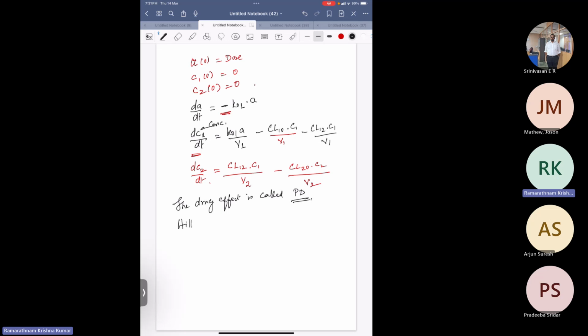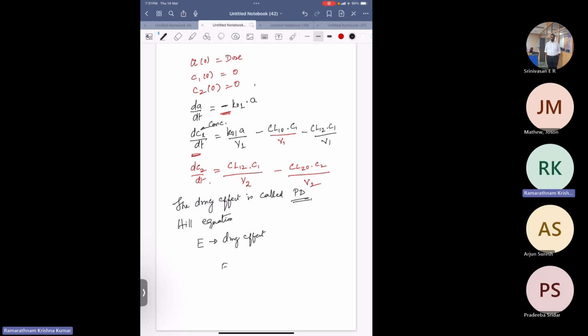You remember that we did this. It's the core equation for pharmacodynamics, and in fact that's how the drug reacts. So let us say that E is the drug effect.